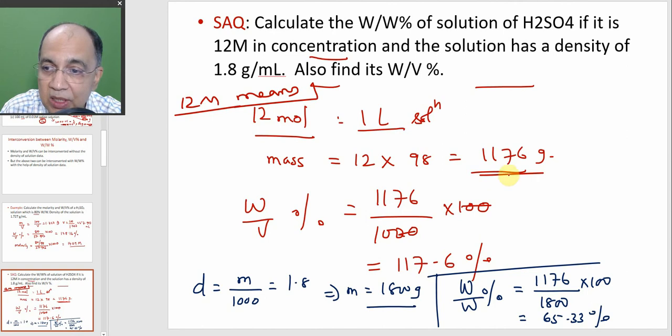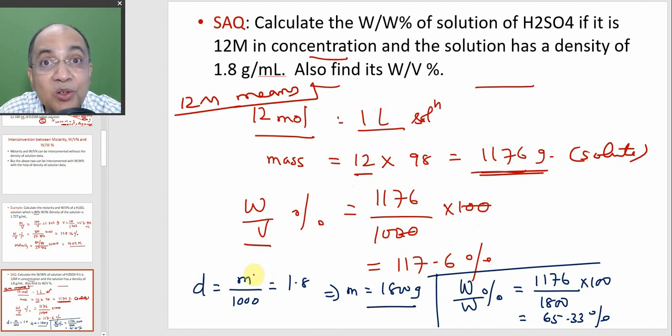So 12 moles means this is the mass of the solute, divided by 1 liter, that means 1000 ml, into 100. So this gives 117.6% as the W by V percent.